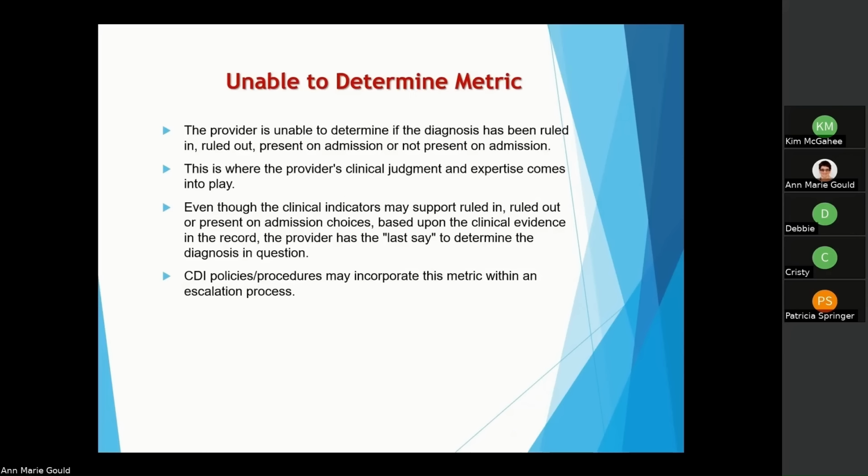At a couple of hospitals I worked, I sent a query for whether sepsis was present on admission, and it looked like it was, with the clinical indicators and evidence in the record supporting sepsis.